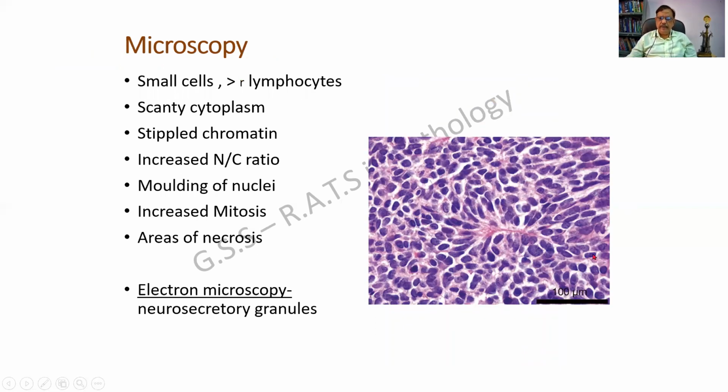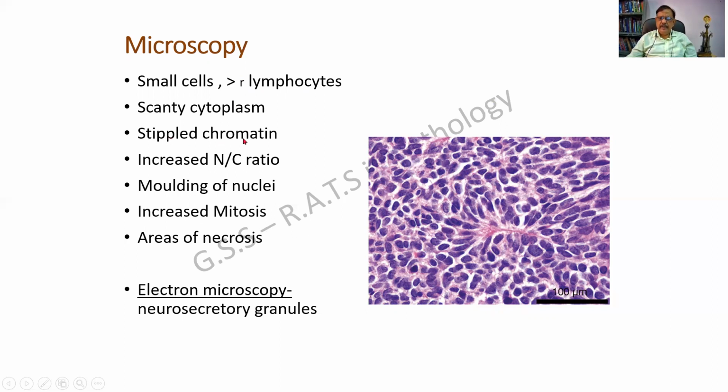This microscopic picture is of importance and it will help you in the differential diagnosis of small round cell tumors. As you see here, the tumor cells are all small, but still they are much larger than the lymphocyte. The cytoplasm is scanty and the nucleus is dark, hyperchromatic.